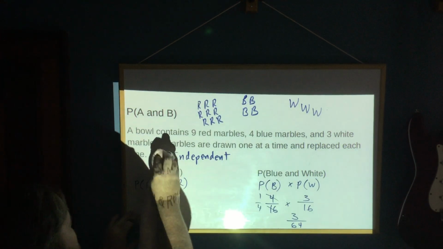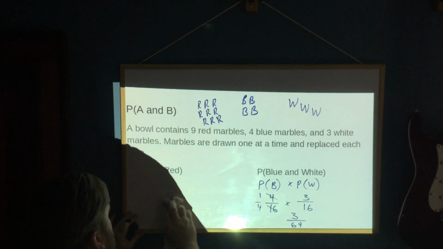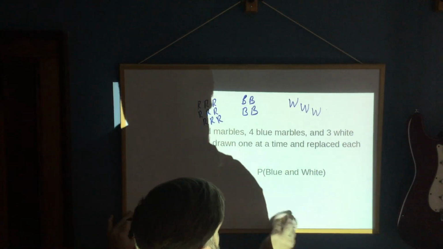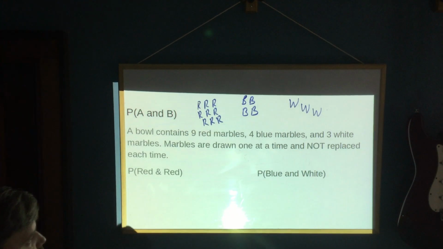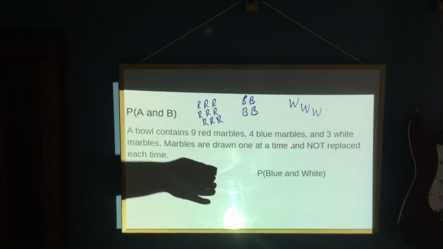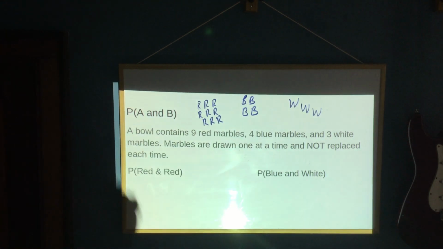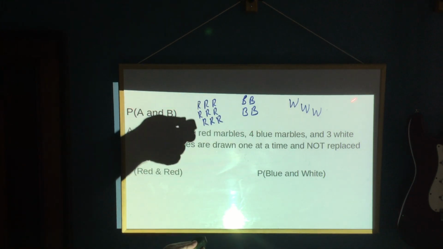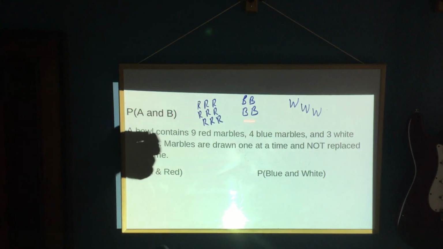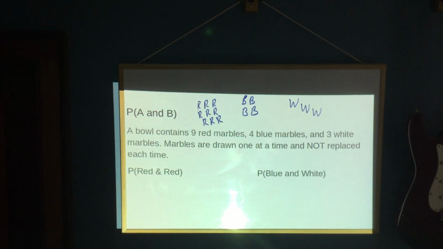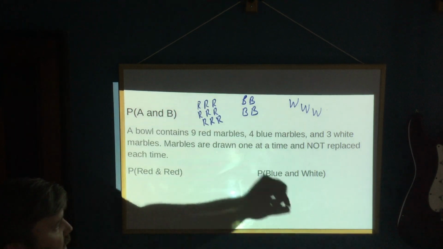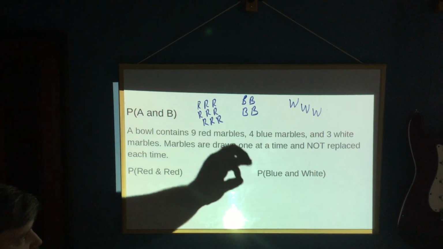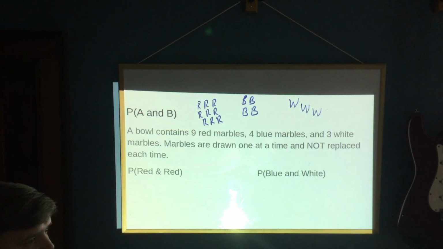The next slide, I do the exact same thing, but this time I don't replace. Right there, it emphasizes it, not replaced. So we still have 9 red, 4 blue, and 3 white. So we still have these marbles in the bowl. But this time, once I reach in and pick out a marble, I'm not putting it back in the bowl, I'm just going to put it in my pocket.